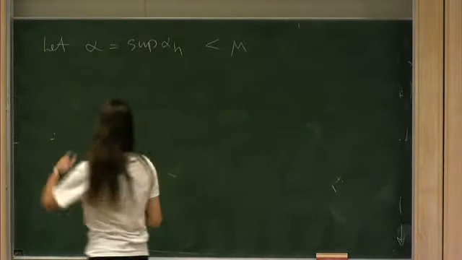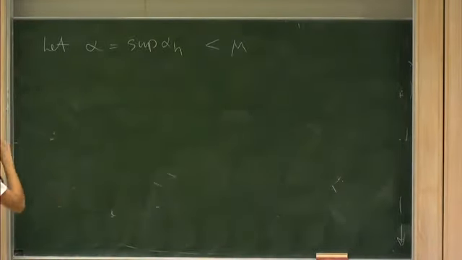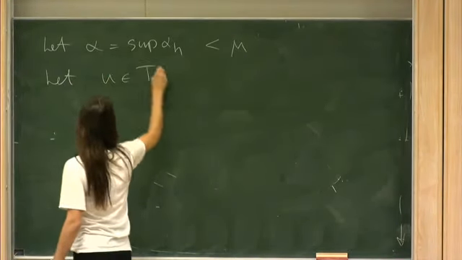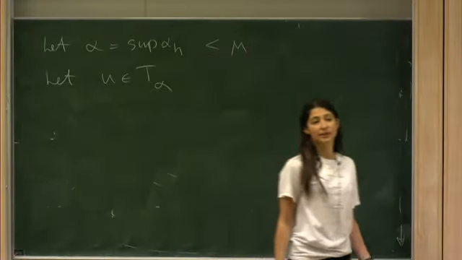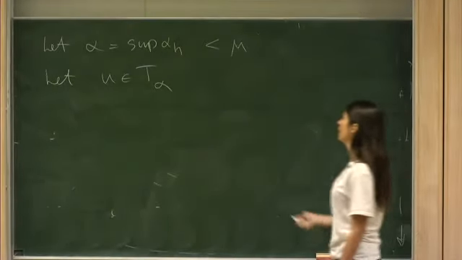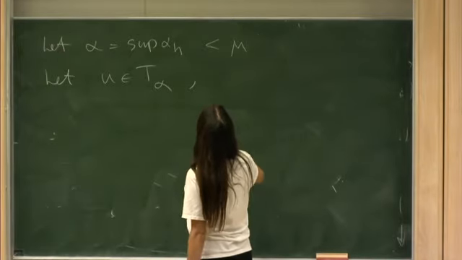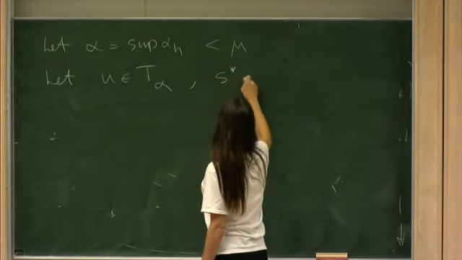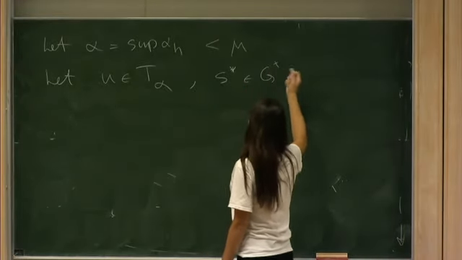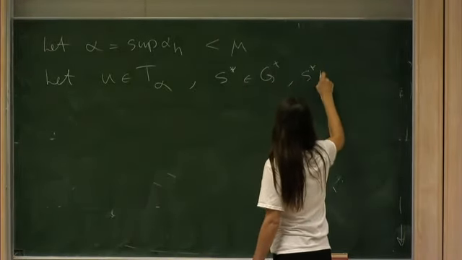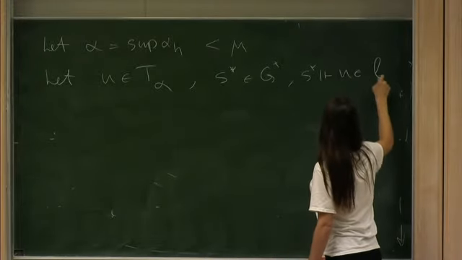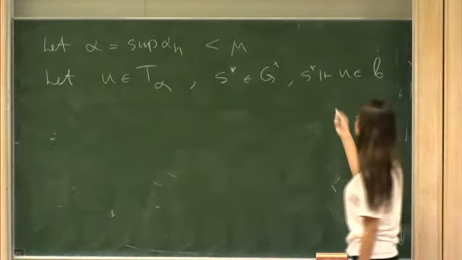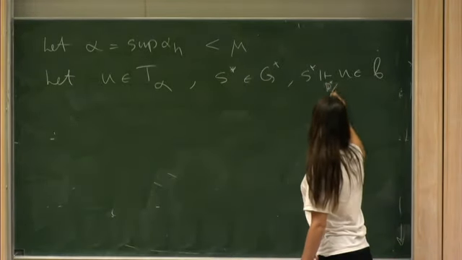Or even say bigger than the sup, etc. Now let u be a node of level t alpha, and let f star be, say, g star, forcing that u is in the branch over, so forcing technically R star over G.